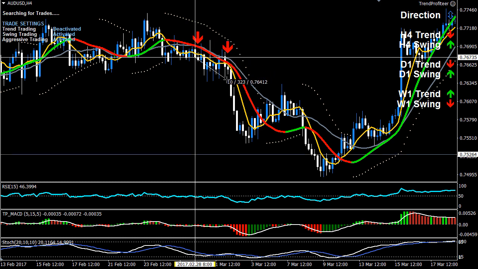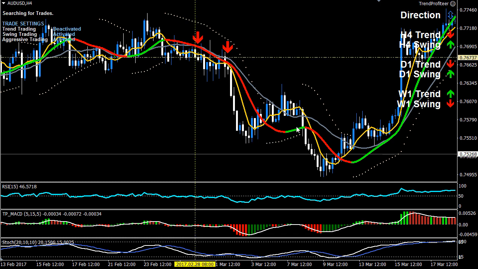And looking at our targets, we've got 30 pips here, giving us a 1-to-1 reward to risk ratio. 60 pips here, giving us a 2-to-1 reward to risk ratio. 90 pips here, giving us a 3-to-1 reward to risk ratio. Just make the 120 pips actually pretty comfortably for a 4-to-1 reward to risk ratio.